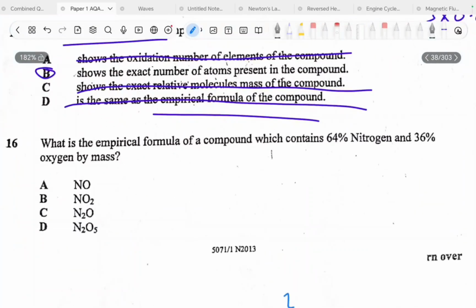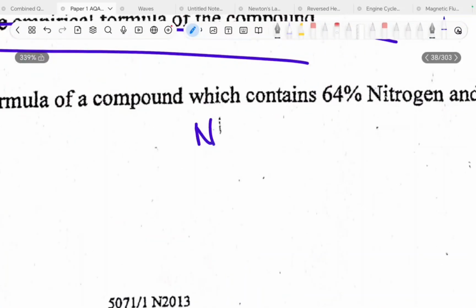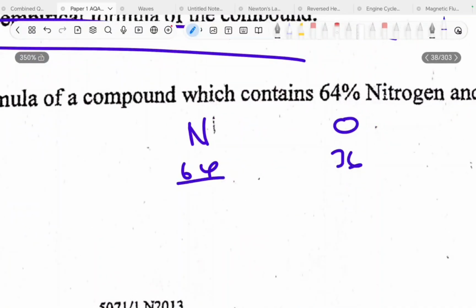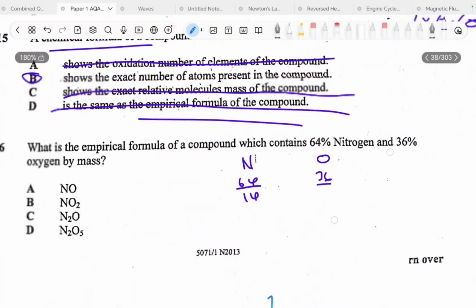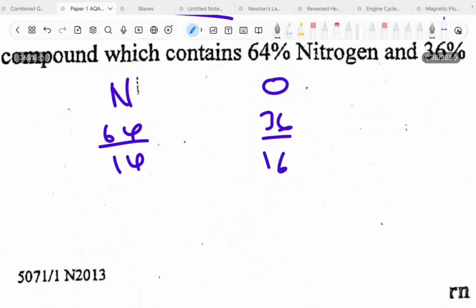What is the empirical formula of a compound containing 64% nitrogen and 36% oxygen? So it's basically 64 and 36, divided by 14 and divided by 16. Let's get this. 64 divided by 14 is 4.57, and 36 divided by 16 is equal to 2.25.